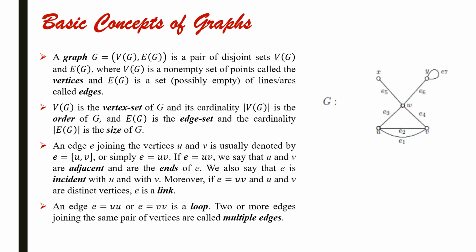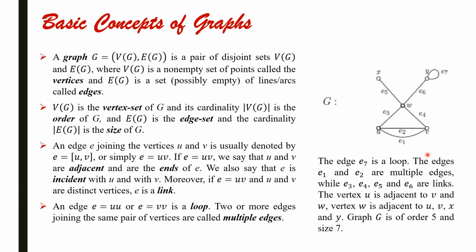Here is an example of a graph. As we can see, the edge E sub 7 is a loop since it joins Y onto itself. The edges E sub 1 and E sub 2 are multiple edges, while E sub 3, E sub 4, E sub 5, and E sub 6 are links.